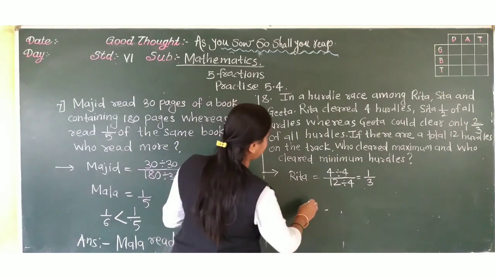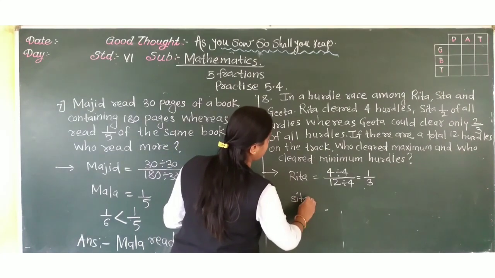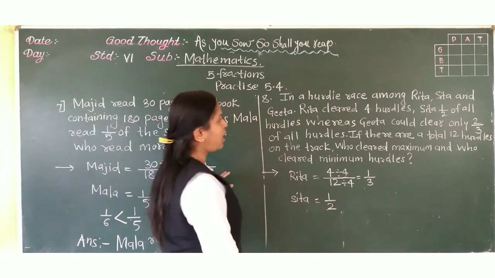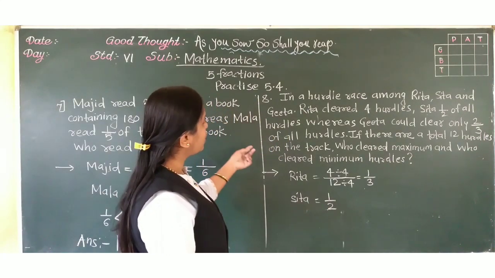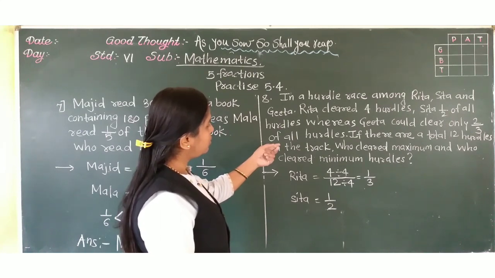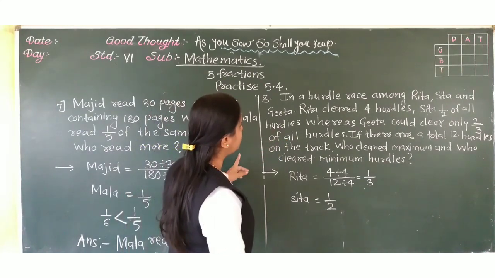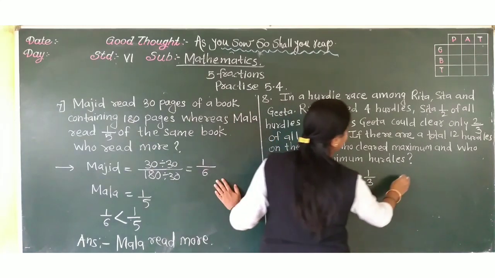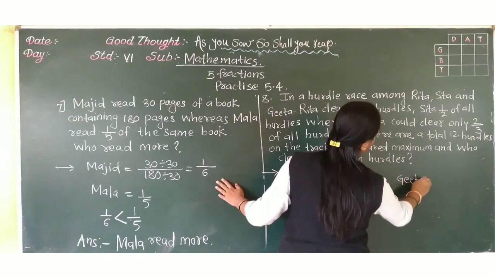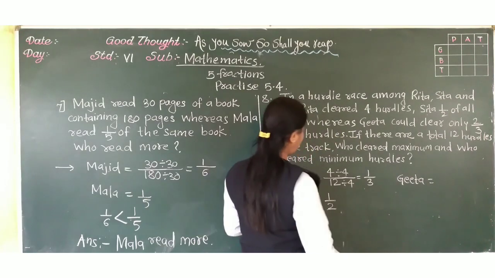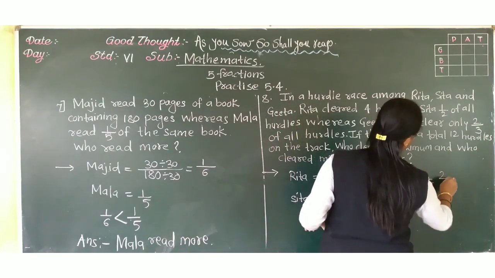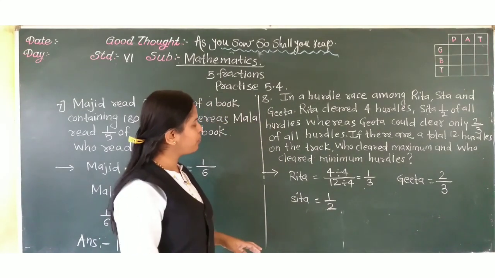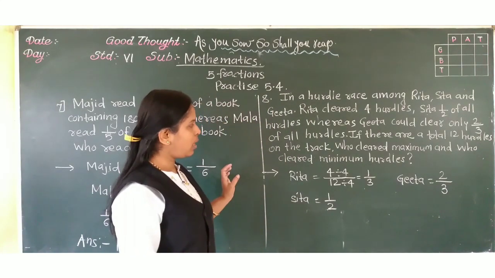Then Sita 1 upon 2. Okay. And Geeta cleared 2 upon 3 of the total hurdles.